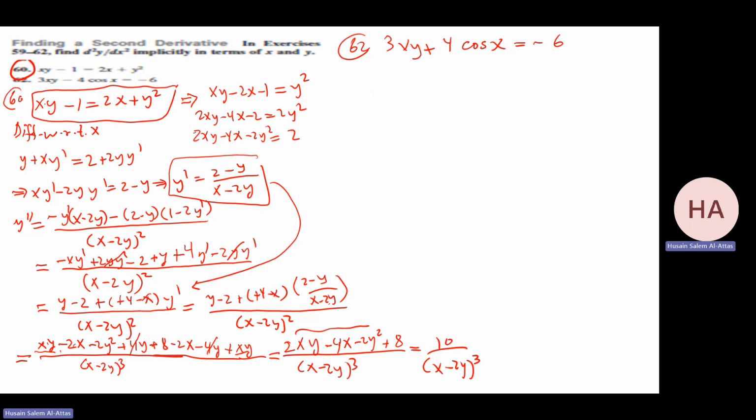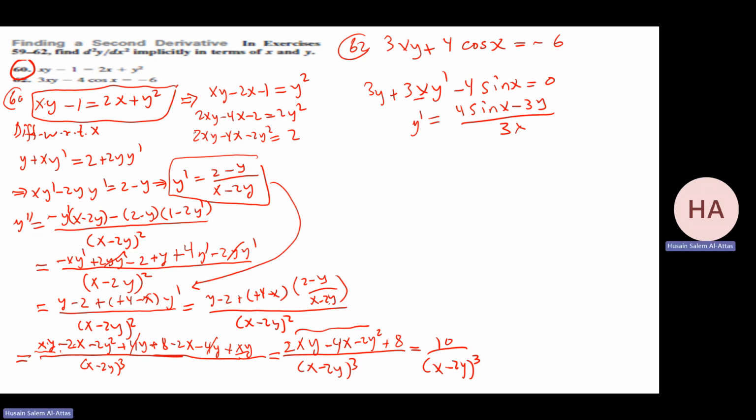3. Usually I do it the other way. 3y plus 3xy prime minus 4 sine x equals 0. So y prime will be equal what? 4 sine x minus 3y over 3x.